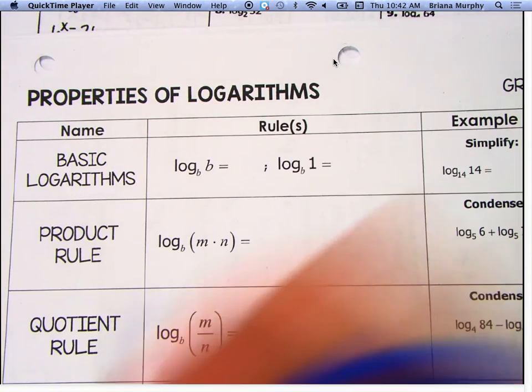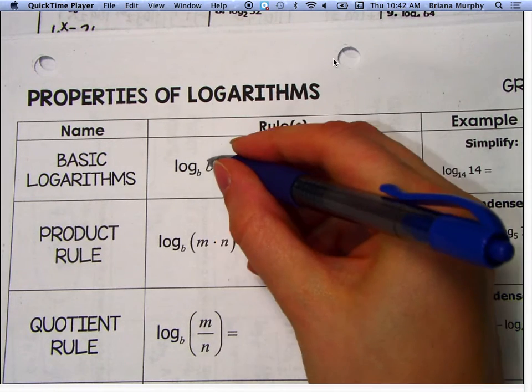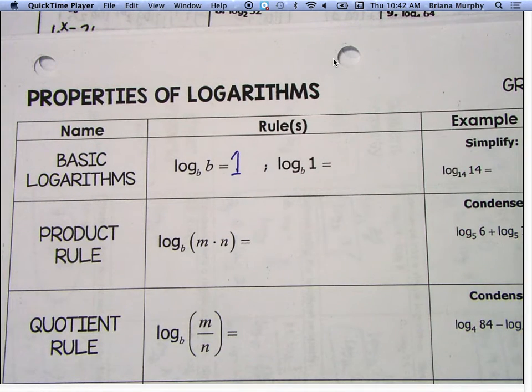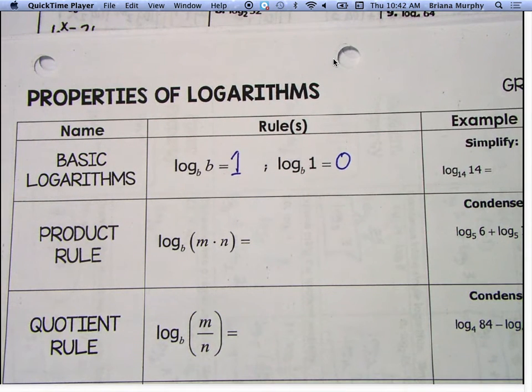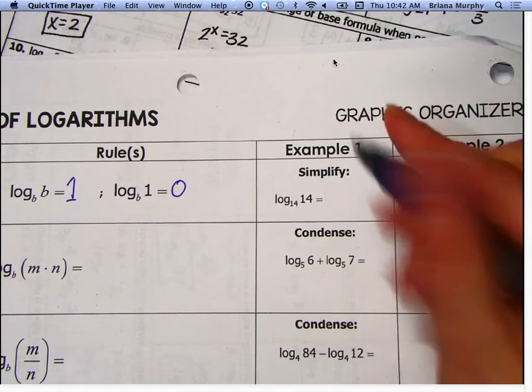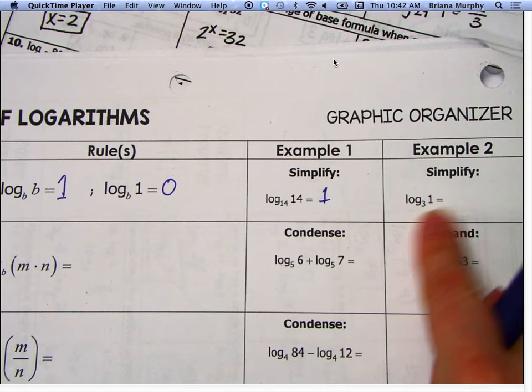Log base b of b, if we change it into an exponent, anything b to the b gives you 1. Just like log base b of 1 gives you 0. So if you take log base 14 of 14, you'll get 1. If you do log base 3 of 1, anything to the 0 gives you 1, so the answer is 0.